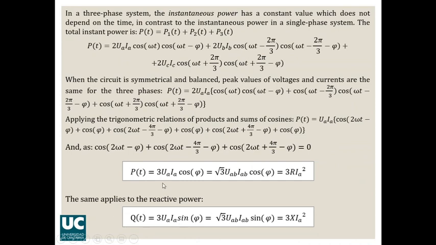So as you can see, you can calculate the active power as 3 times the absolute value of the phase voltage multiplied by the absolute value of the line current and multiplied by the cosine of phi. Or on the other hand, you can do the square root of 3 multiplied by the line voltage and the phase current, and after that the cosine of phi.